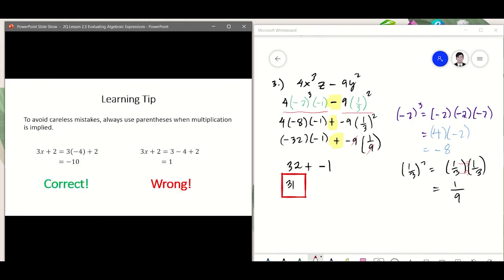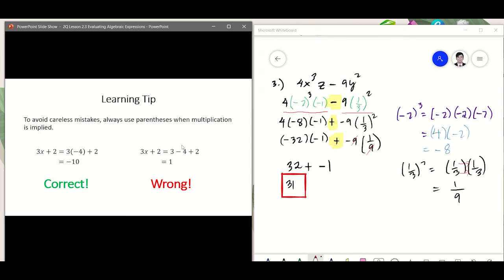Okay, let's continue. This is a learning tip. So as I said a while ago, to avoid careless mistakes, always use parentheses when multiplication is implied. So just like this, 3x plus 2, the x is negative 4. So when we substitute negative 4 to x, enclose it in a parenthesis.